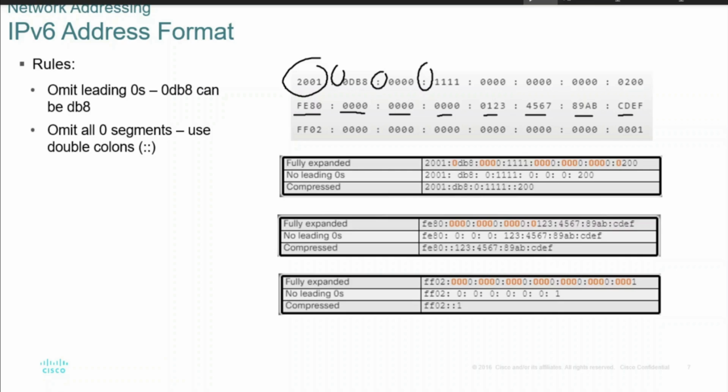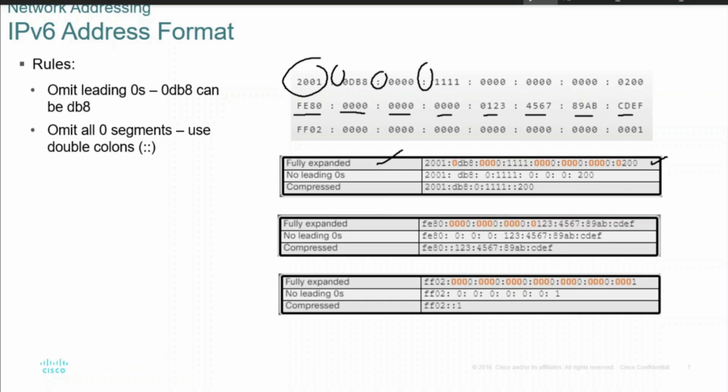Now, this IP address is very big. So we have some mechanisms by which we can reduce the size of an IPv6 address when you write it in some cases. Now, take this example. A fully expanded IPv6 address looks like 2001:0db8:0000:1111:0000:0000:0000:0200.